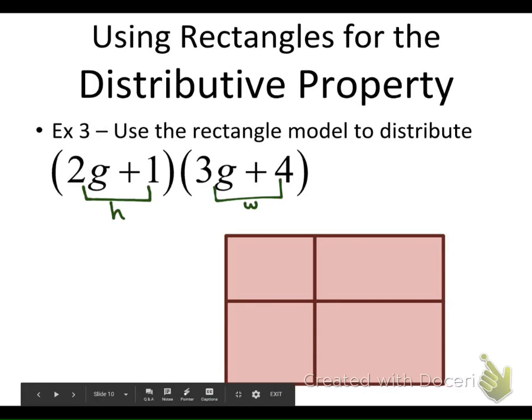So that's going to go for my first top section. What's my second height number? 1. So that's going to go right below it. Now my width comes here. What's my first width? 3G. And then my second one. 4.